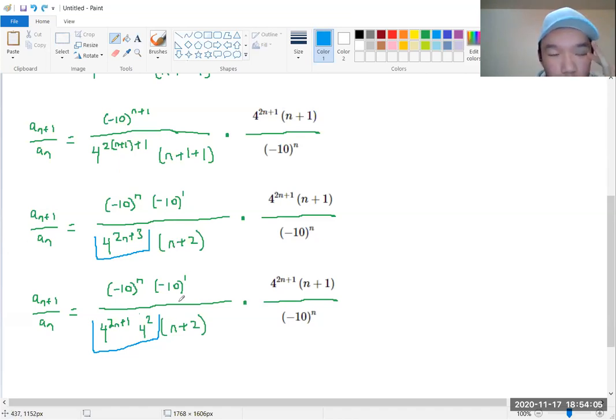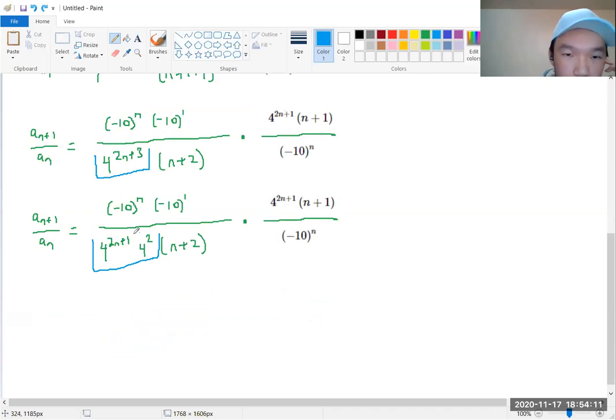But anyway, this is where we are now. So at this point, there should be a lot of things that cancel out. So what cancels out here? Let's simplify this. I see negative 10 to the n on the top and the bottom. And then this cancels out with this, right?